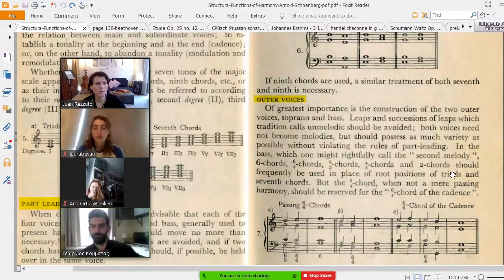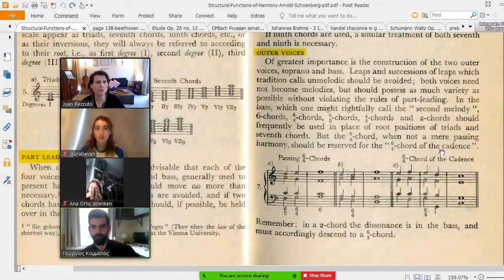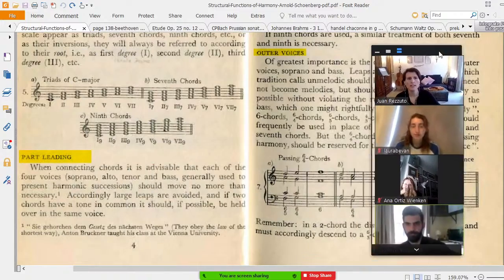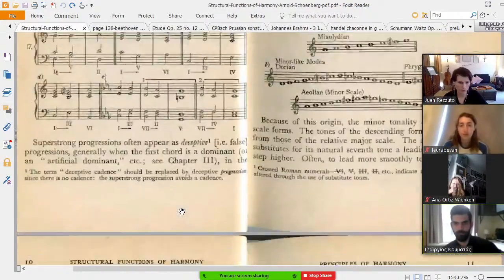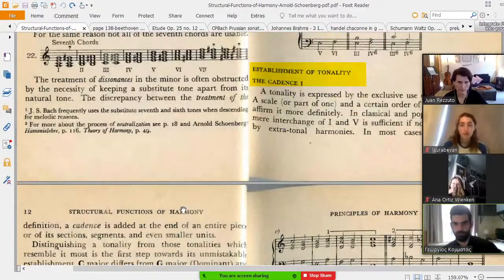They should frequently be used in place of root positions of triads and seventh chords, but the 6/4 chord, not a mere passing harmony, we know that, should be reserved for the 6/4 of the cadence, for reasons we know. We're going to skip this because we're going to see it later.